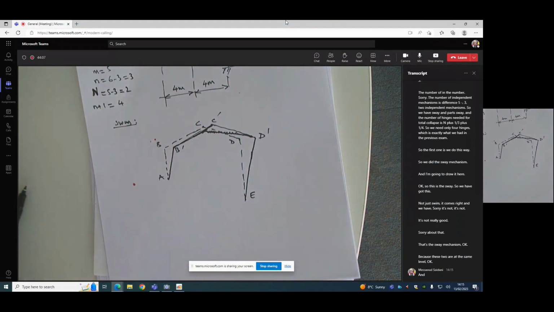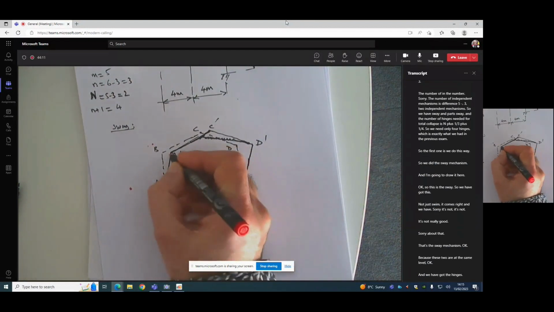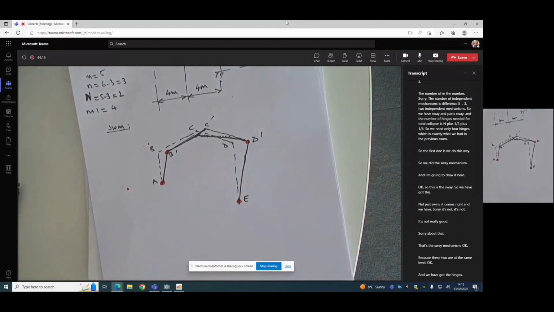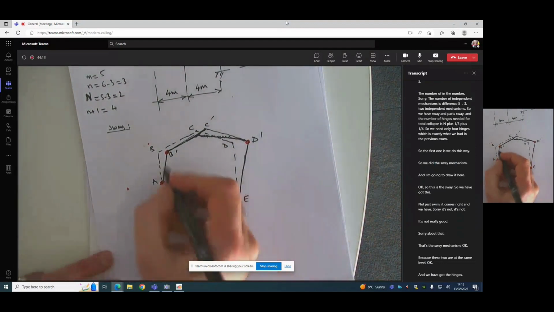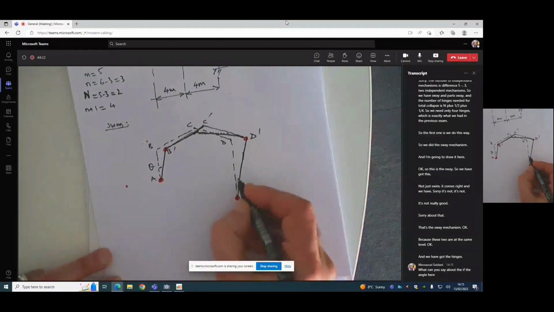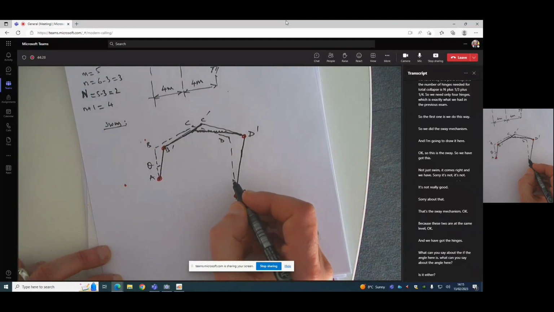And we have got the hinges. If the angle here is theta, what can you say about the angle here? Is it theta? What's the angle at the other end?